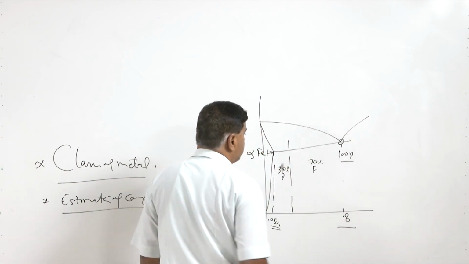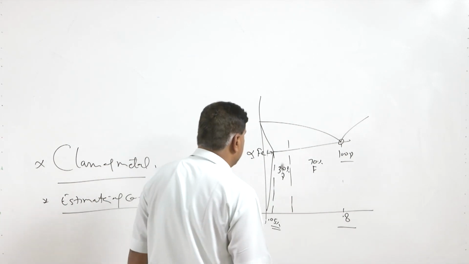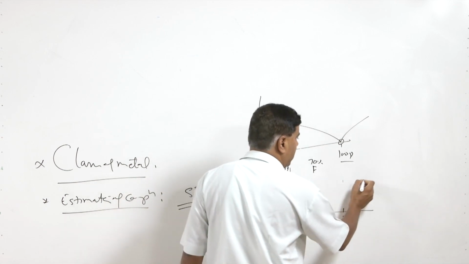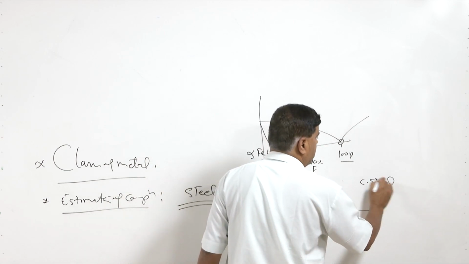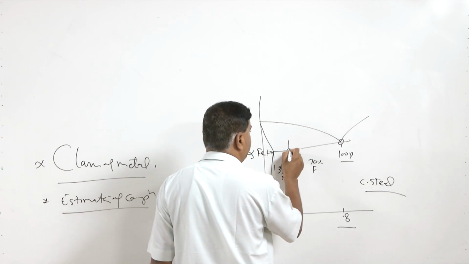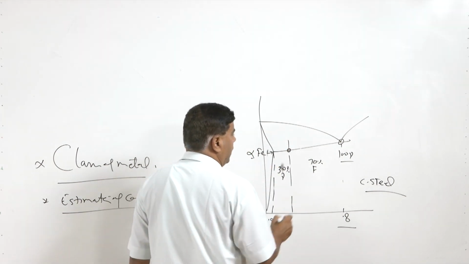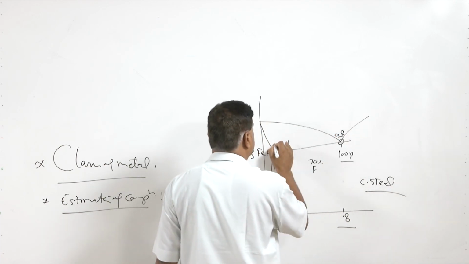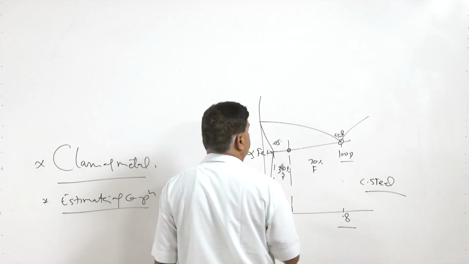So, using these fractions we can determine the chemical composition of the simple carbon steel. For this, on one side, this is the fulcrum of the lever, and this is the location of the 0.8% and this is the location of the 0.05%.